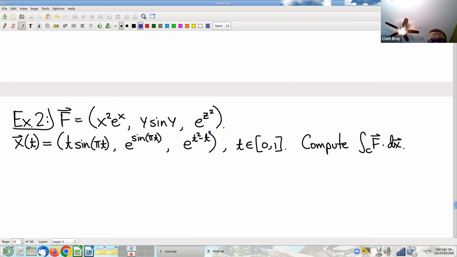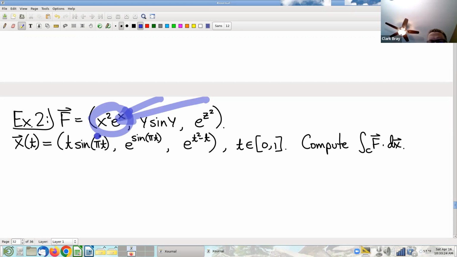In computing the curl, we're always taking what you might call off partials. I'm never going to be taking the x partial of this, only the y partial and the z partial.